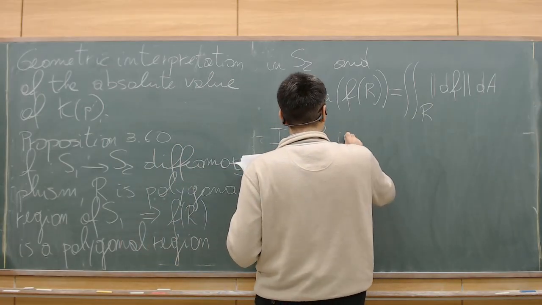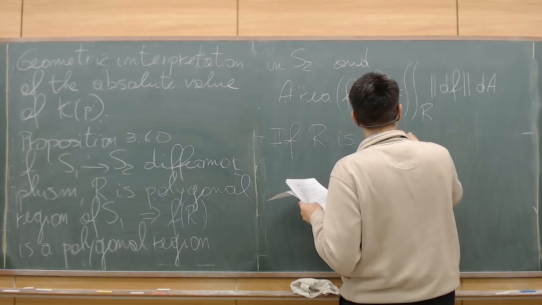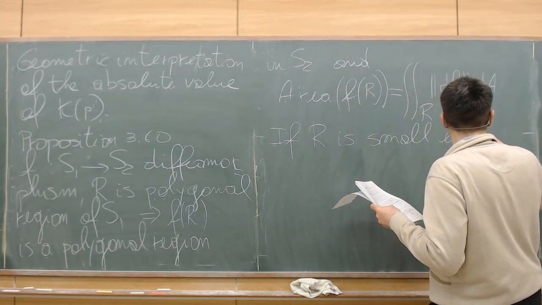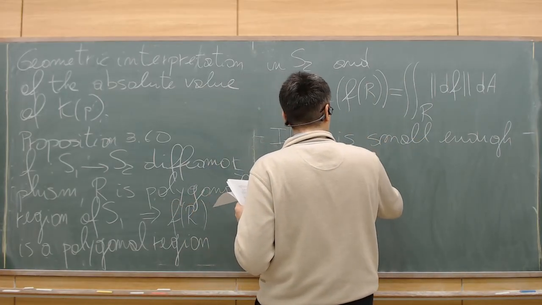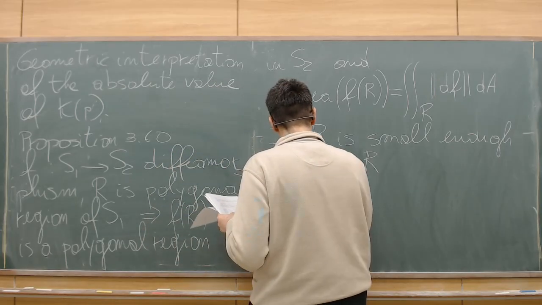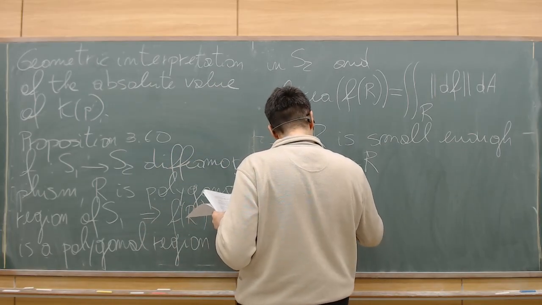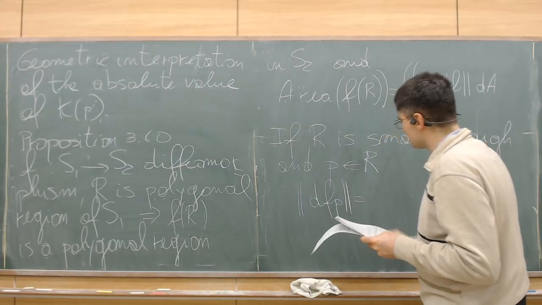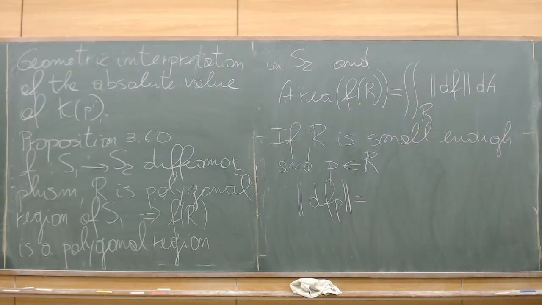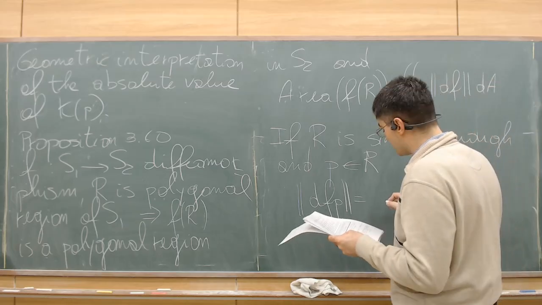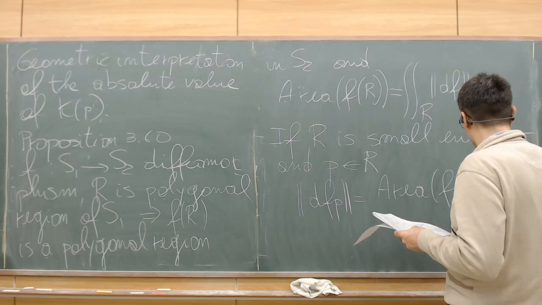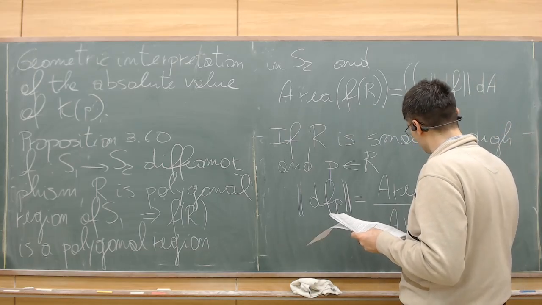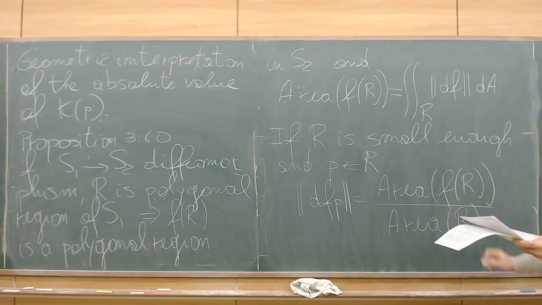If R is small enough, and P is a point of R, then we have that the area distortion of F is approximately equal to the area of f of R divided by the area of R. This formula follows from this one.